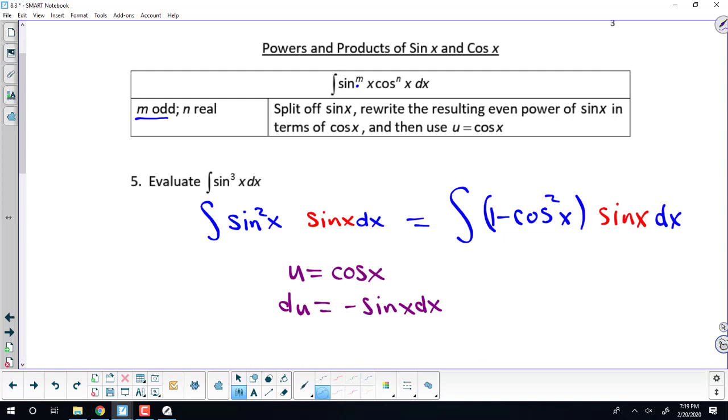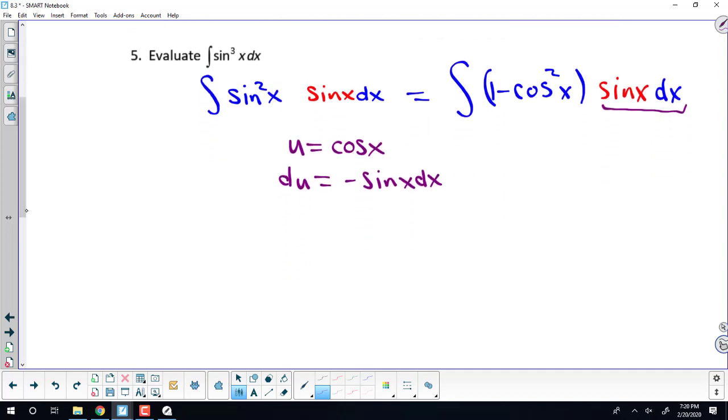So this is pretty much now, all of this is our du, with the exception of the negative. And then the 1 minus cosine squared is just 1 minus u squared.